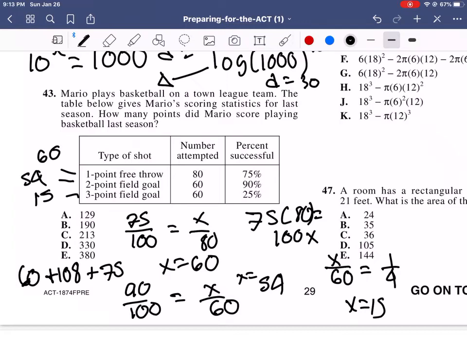And that will equal a total of, what is the answer? I have to check. Hold on, sorry. Did I do something wrong? 60.